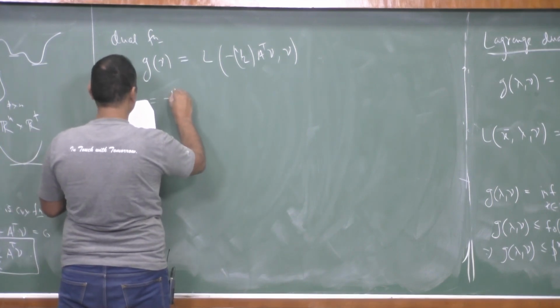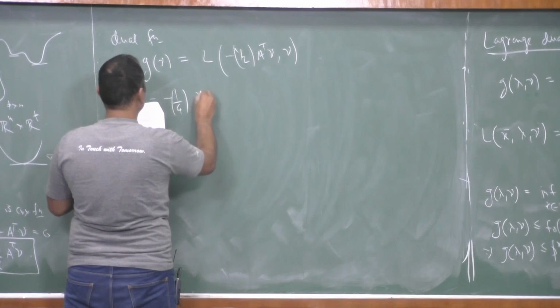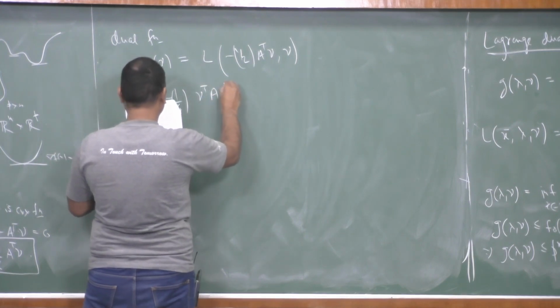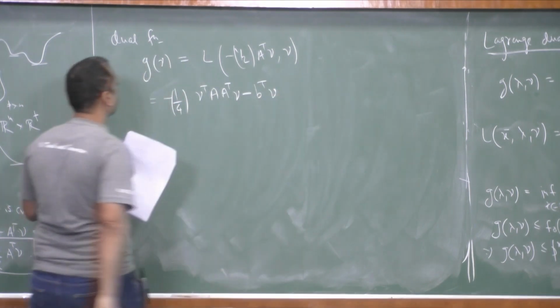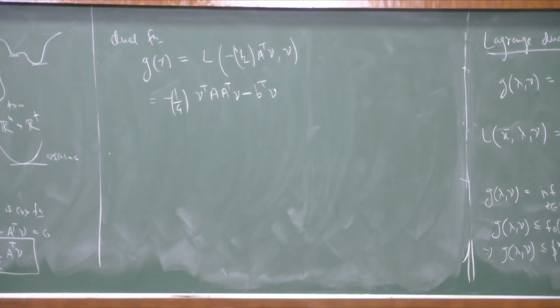You can check this, okay? Minus 1 over 4 nu transpose A A transpose nu minus b transpose nu. Okay, you substitute that here, and that's what we get.